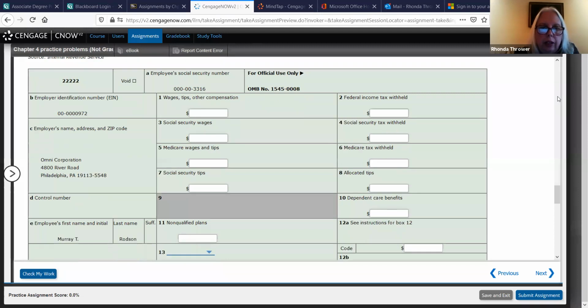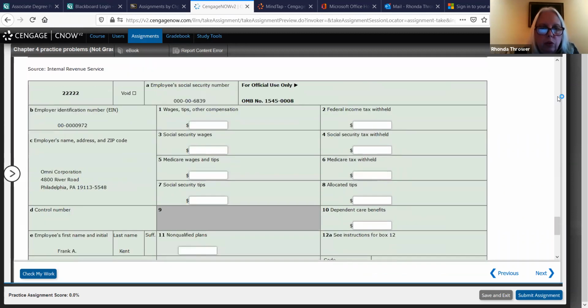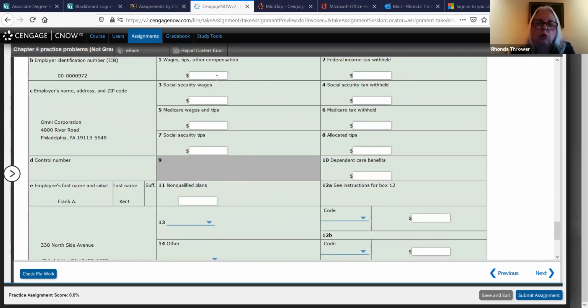So in the error that I had earlier, I had written in for this employee, and again, this employee was Frank Kent, so make sure you get on the right W-2 form. For wages and tips and other compensation, I had written in $92,300, which was coming up incorrect. The reason is I have to add back in to the $92,300 the amount of the taxable benefit of $262.75 that was paid to this employee.